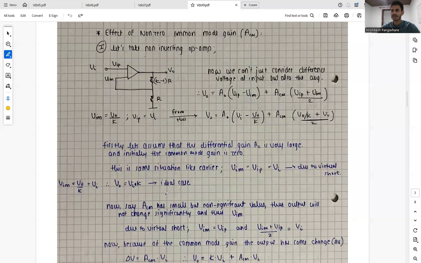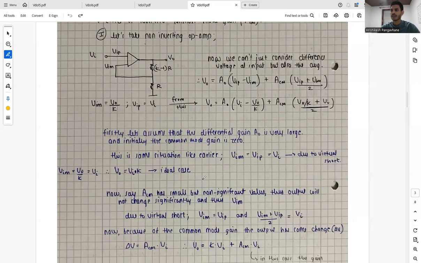We have discussed this. Now say that the common mode gain has a small value but not an insignificant value, and thus the output will not change significantly.